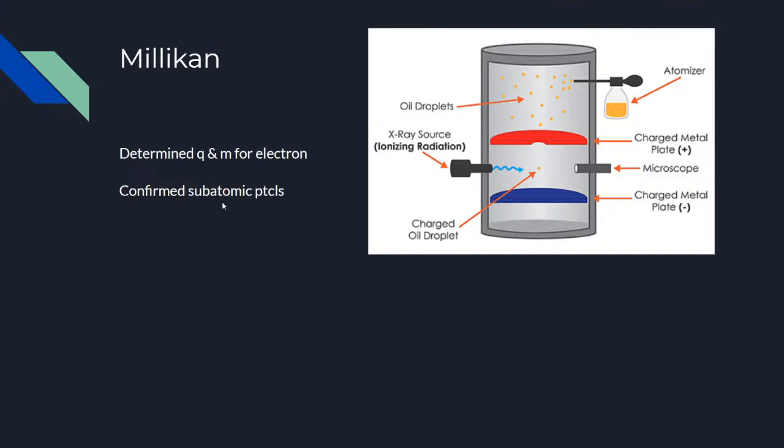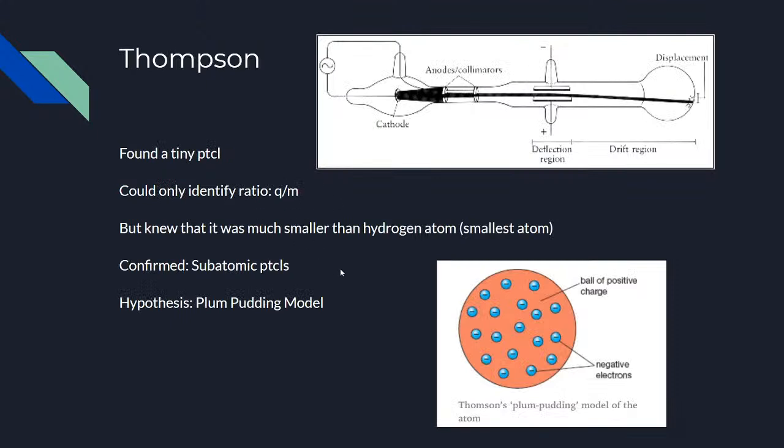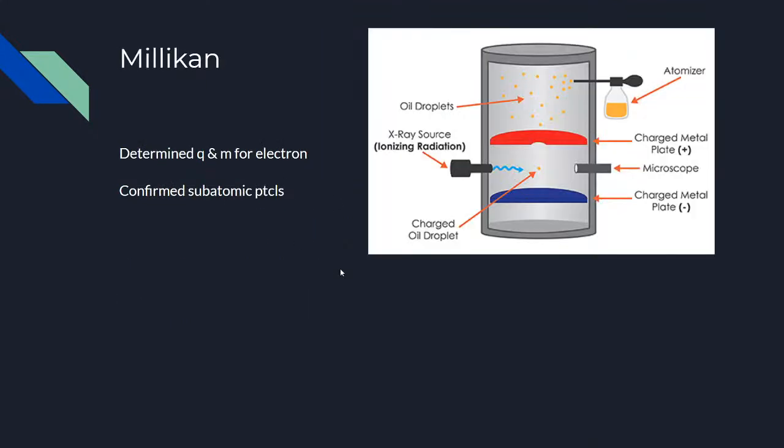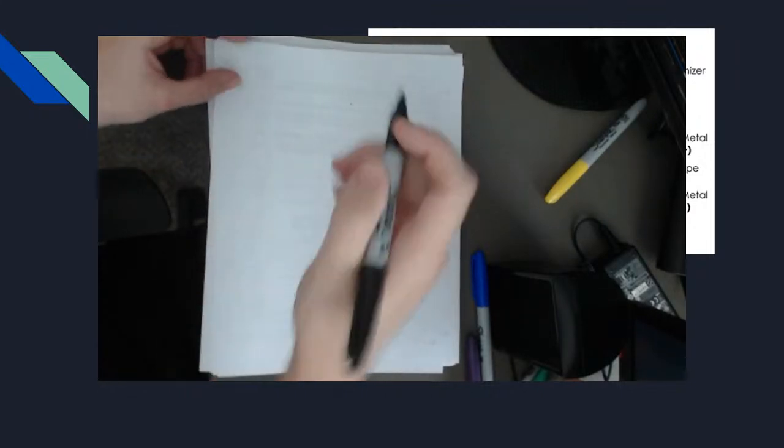And because Thomson had found the ratio between the charge and the mass, that meant that once Millikan had the charge of the electron, he also had the mass of the electron. And he found that they were both incredibly small. He confirmed that Thomson was correct, that the electron was much smaller than the hydrogen atom.